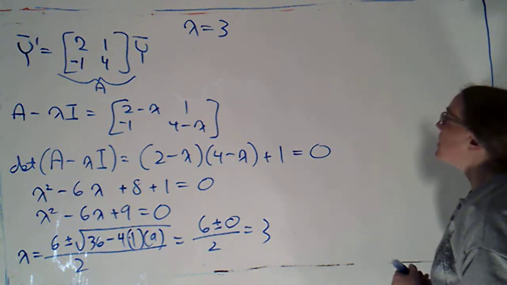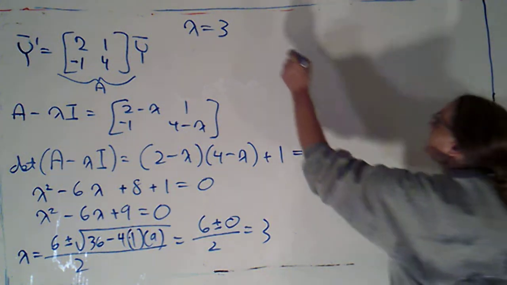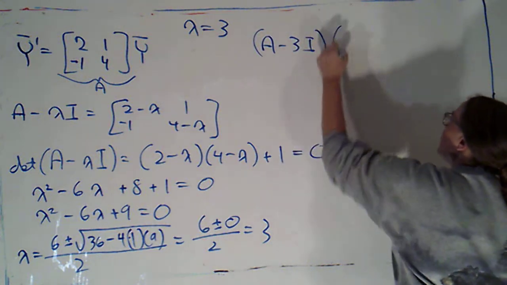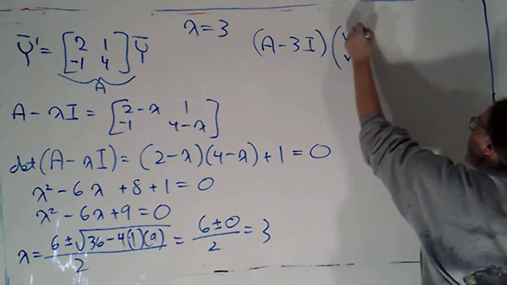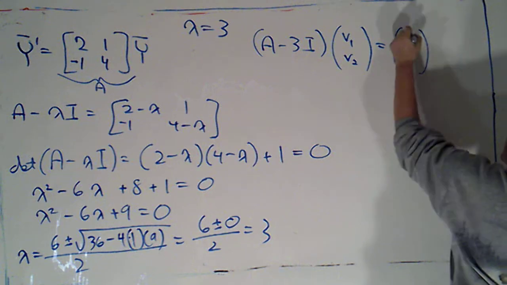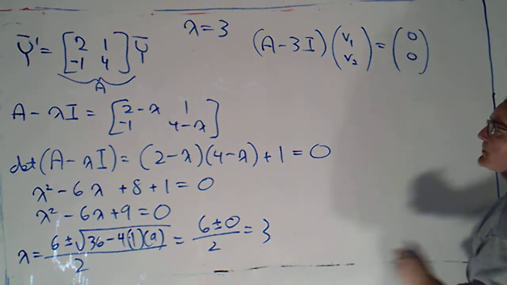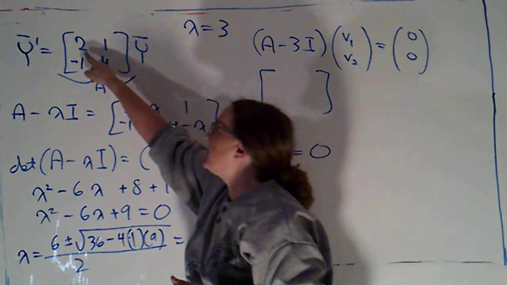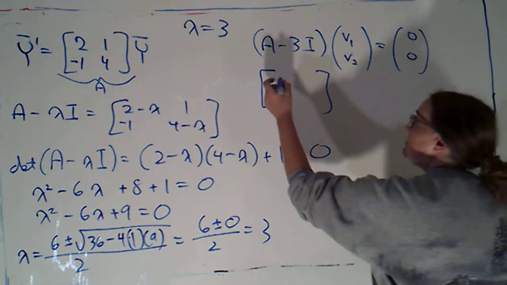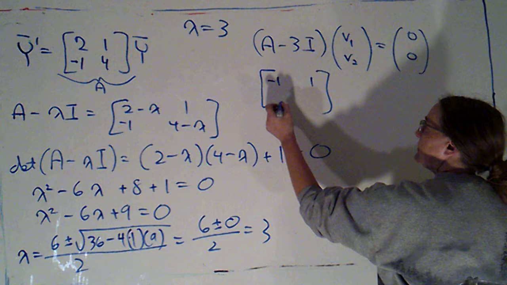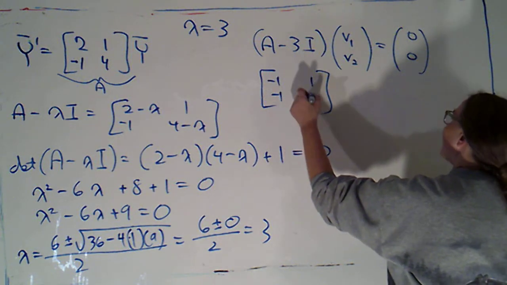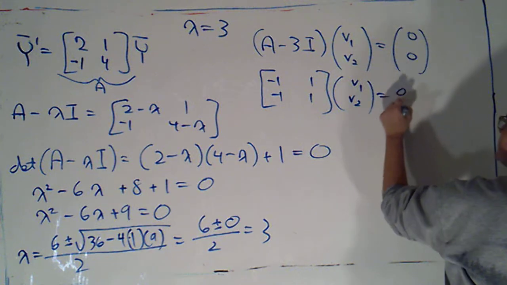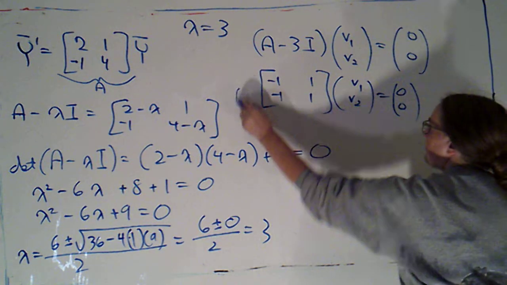To do that, I'm looking at A minus 3I times some vector v, which I'll just have its components be v1 and v2, has to equal 0, 0. A minus 3I is what I get if I just subtract 3 from the main diagonal. So I'll have 2 minus 3 is -1, 1, and then -1, 4 minus 3 is 1, times v1, v2 equals 0, 0.